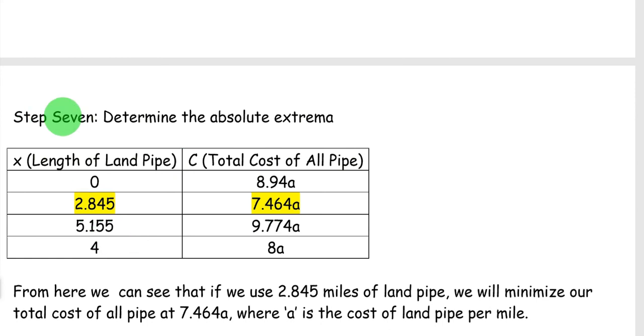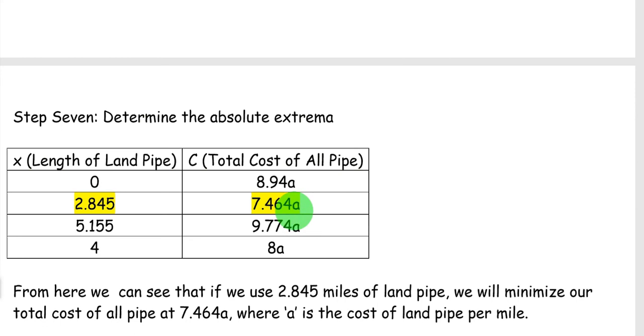But for step 7, we do want to determine the absolute extrema by comparing our critical points with our endpoints, and we can see that when we got 2.845, we got the smallest number here, 7.464a. What that means is if we have 2.845 miles of land pipe, we will have a cost of 7.464a, where a is the cost of pipe that we lay in the land.